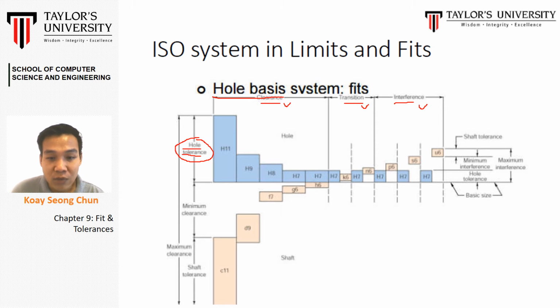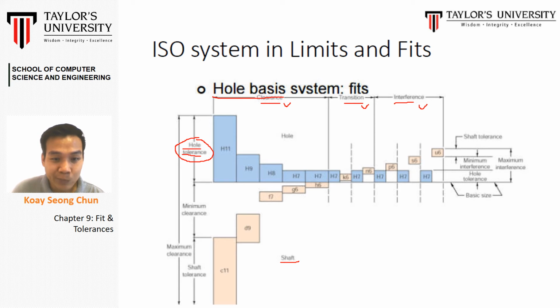Then for the shaft, you just need to pair it. You find what kind of fit you need, then pair it with the tolerance for the shaft. You just need to focus on the tolerance of the hole.